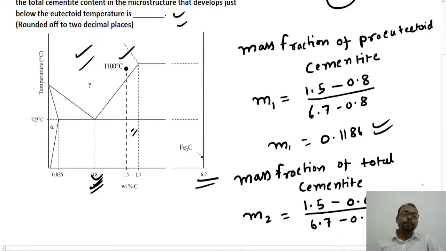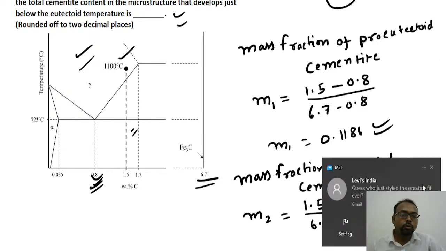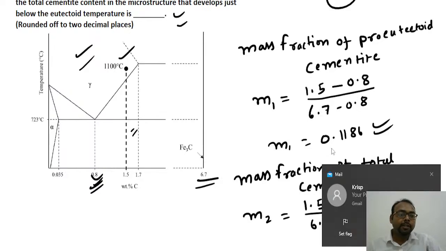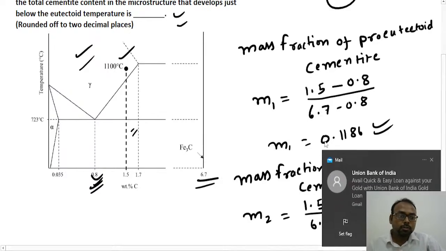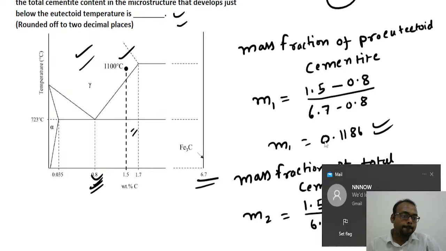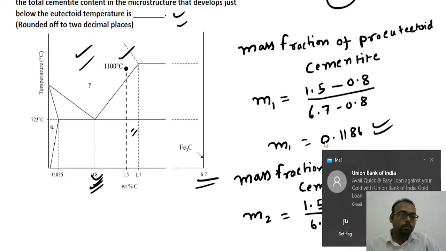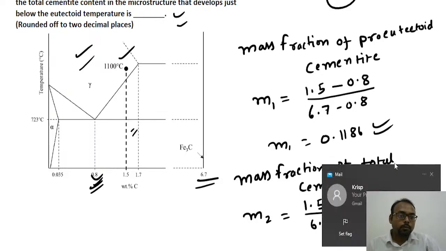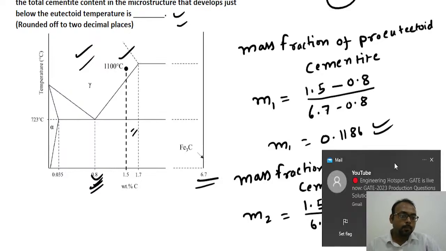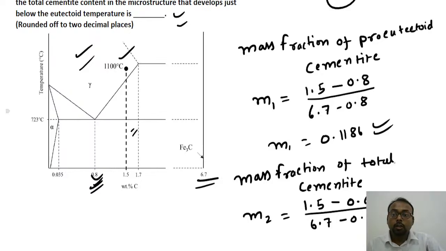Now you see why we have taken 0.035: because we have to find out the composition at 723 degrees centigrade.